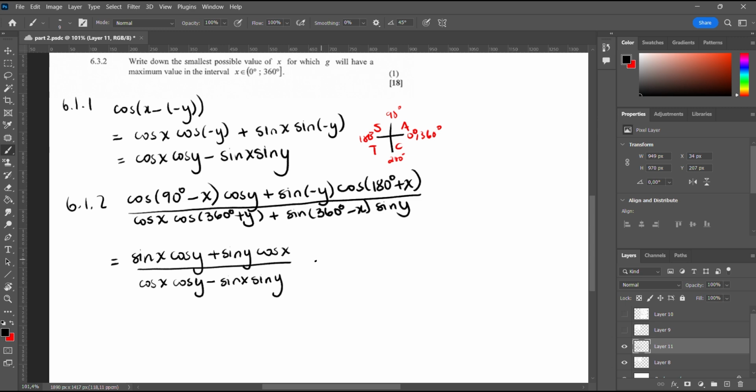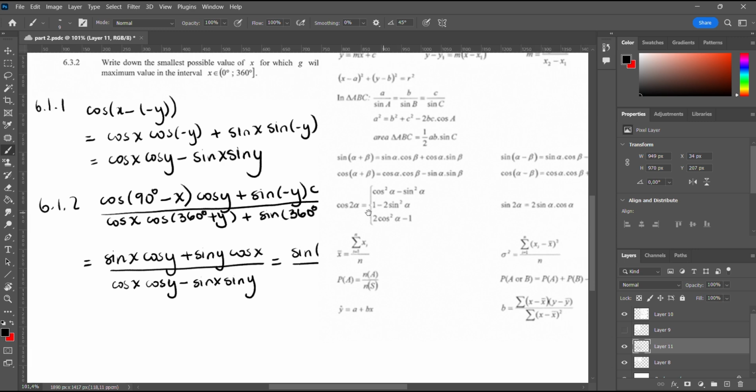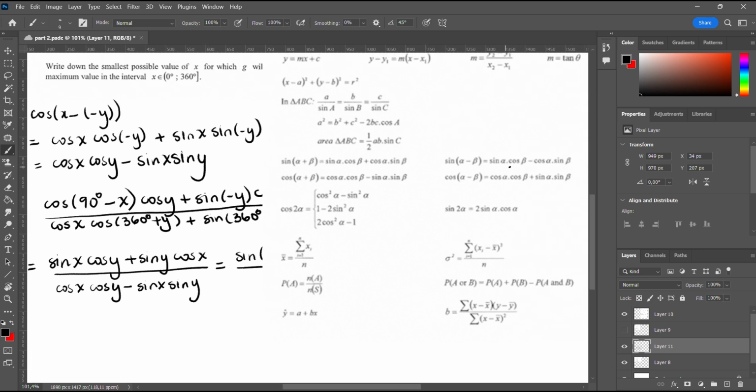What do we know about the first identity? This equals sine of x plus y all over. If we check our information sheet, it's plus, right?